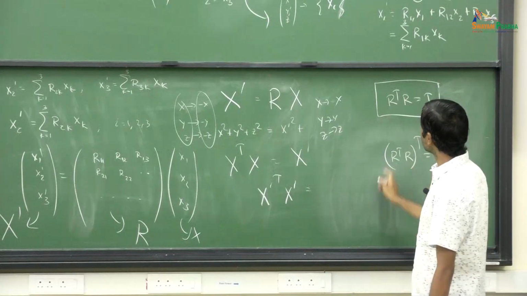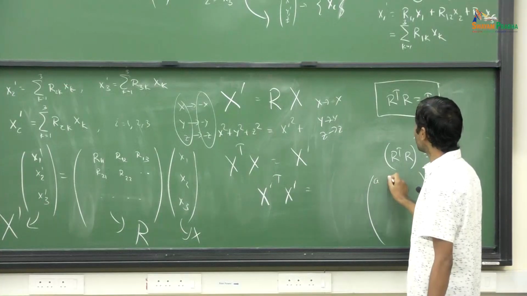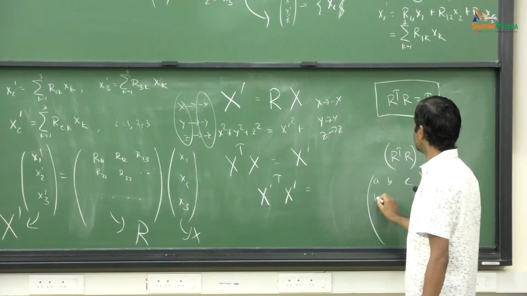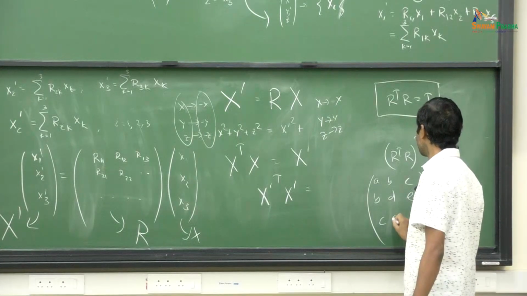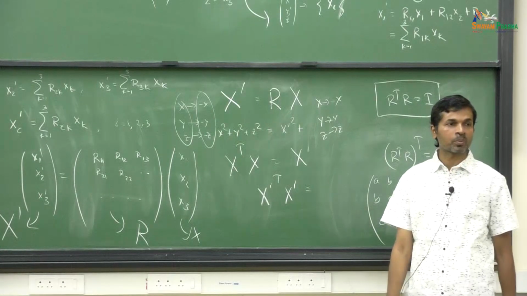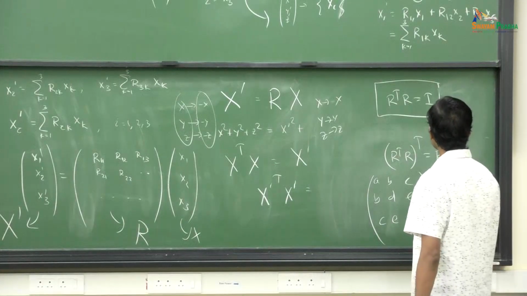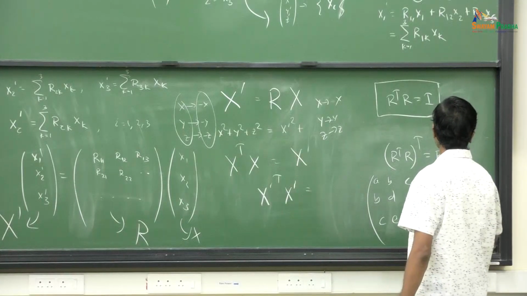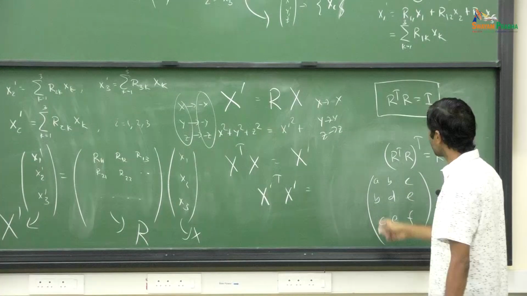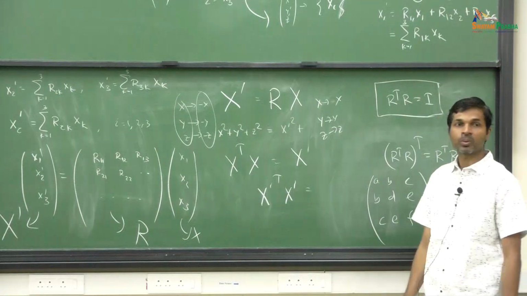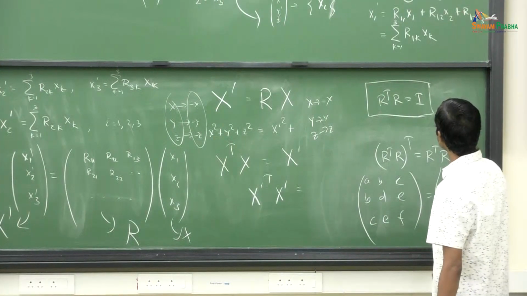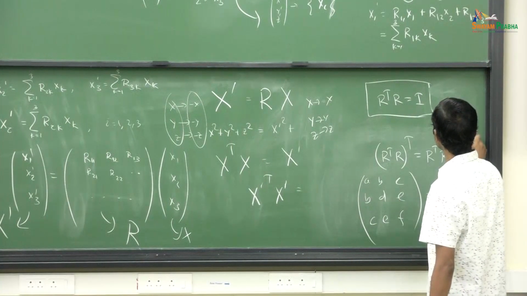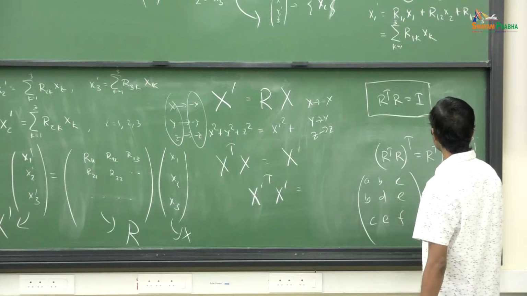So this has the form A, B, C, B, D, E, C, E, F, and this will be 1 0 0 0 1 0 0 0 1. So there are only 6 equations. This says A equal to 1, B equal to 0, C equal to 0, D equal to 1, E equal to 0, F equal to 1.